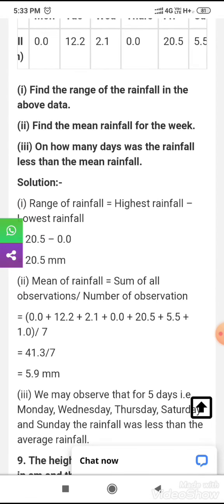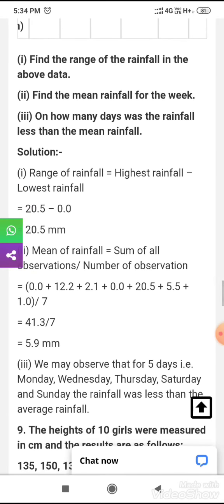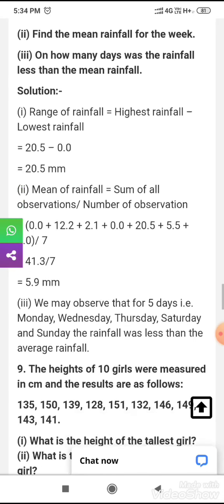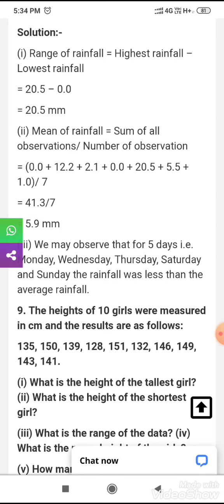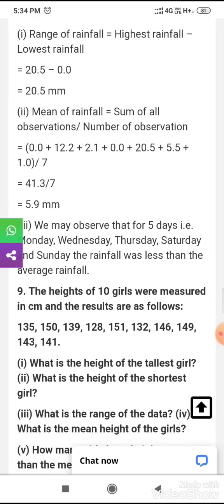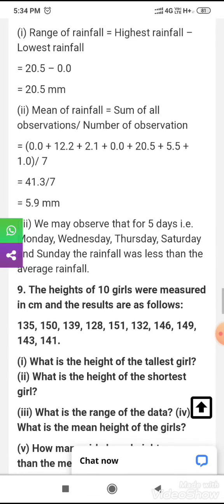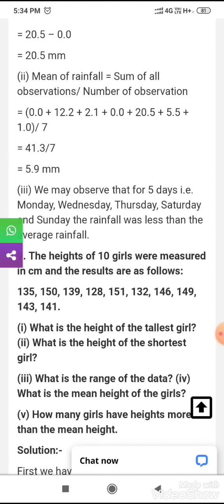To find the range, we subtract the lowest value from the highest value, and we have 20.5 millimeters as our answer. And in the second part, we have to find out the mean. For the mean of the rainfall, we add all the observations and divide by 7, so we have 5.9 as our answer.